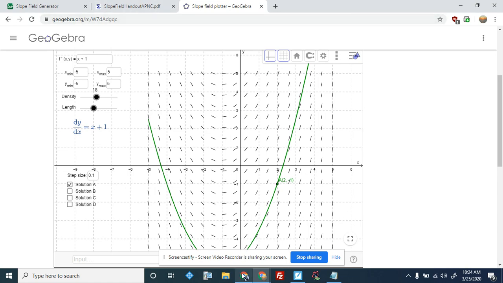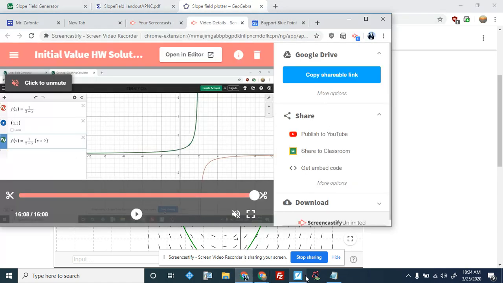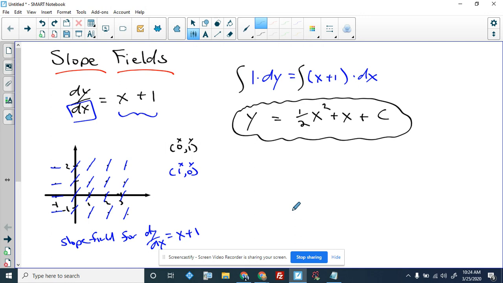If you're not following me, let's actually find that. All right, so we'll go back here. Let's pretend like this was an initial value problem now. So dy/dx equals x plus 1. So that's my differential equation. And now the point 2, -1 is maybe our initial value. So let's use that to solve for c here.